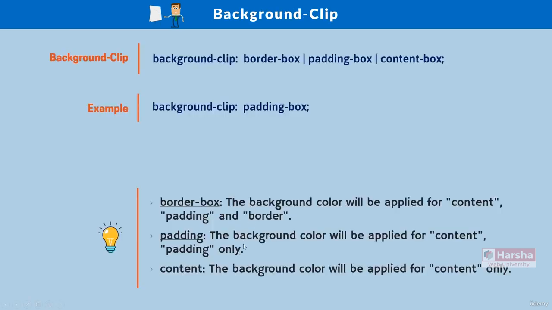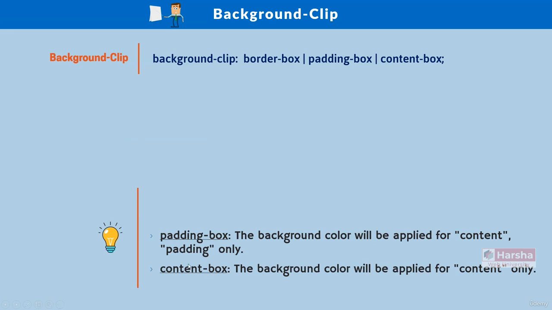Here is how you define. In case you set background-clip as content-box, the background color gets applied only for content, but not for border and padding. If you set background-clip as padding-box, your background color or background image gets applied including content and padding only, but not for border and margin.